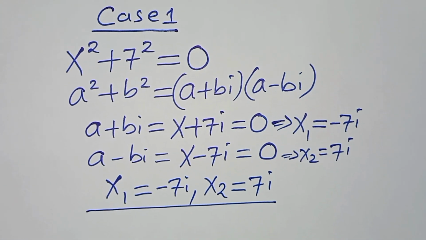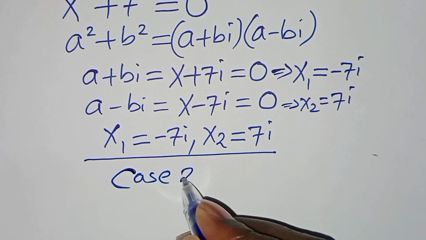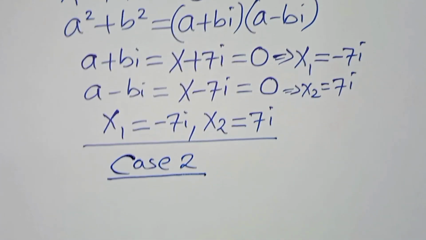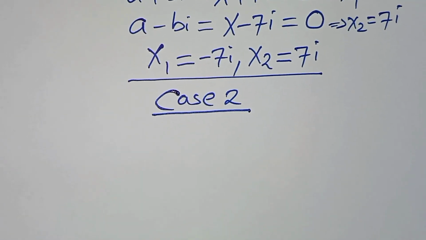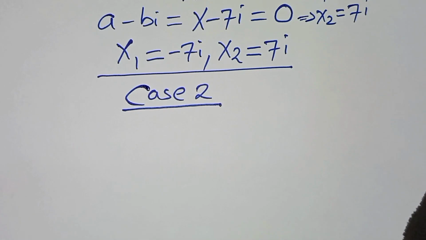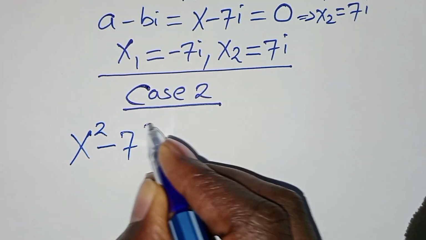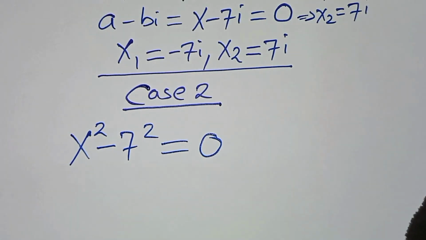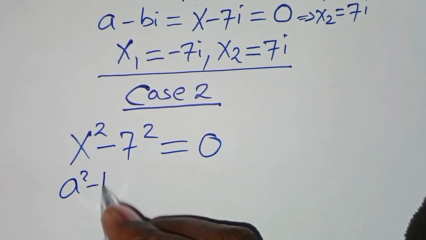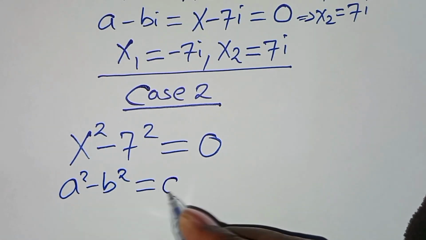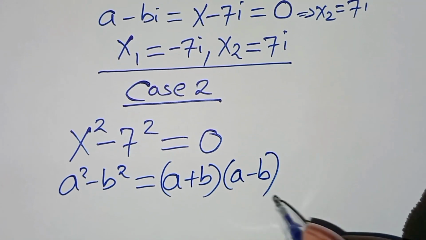Let's proceed to case 2. Now for case 2 here, we have that x to power 2 subtract 7 to power 2, this is equal to 0. And actually this is in the form of a squared minus b squared, which we can express as a plus b, a minus b.